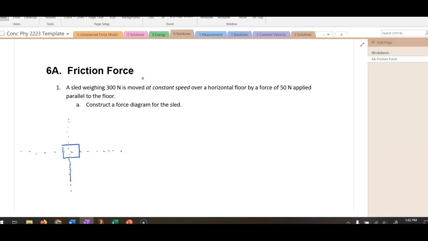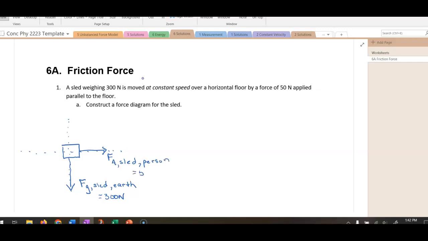So the sled has a weight, which means its gravitational force, exerted on it by the earth, is 300 newtons. It says there is 50 newtons of applied force, I'll just say by a person.